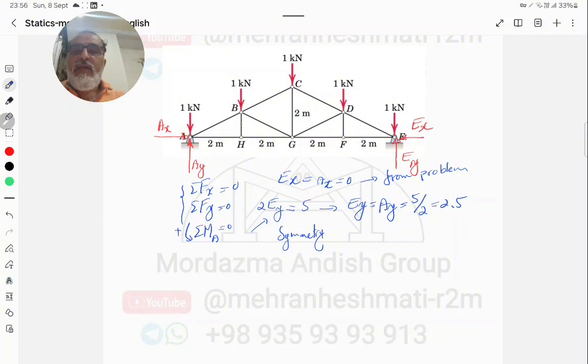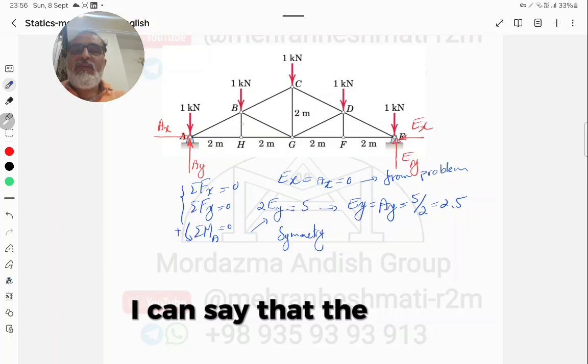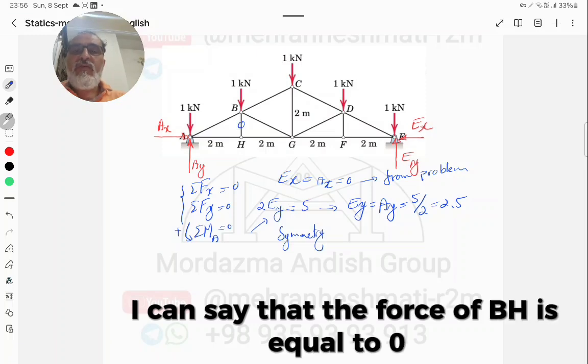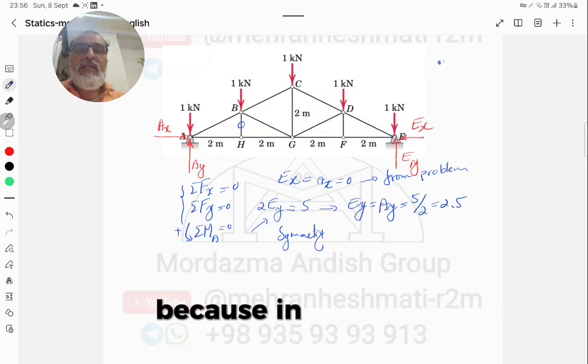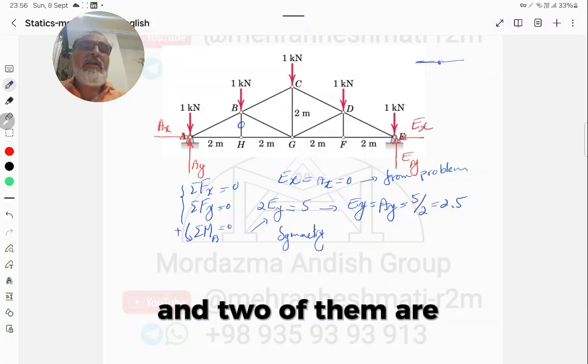For example, I can say that the force of BH is equal to 0. Why? Because in H we have three members, and two of them are in one direction.